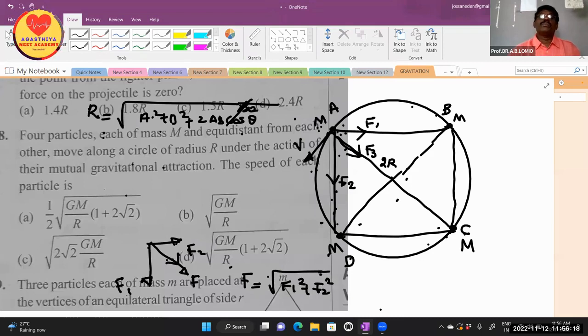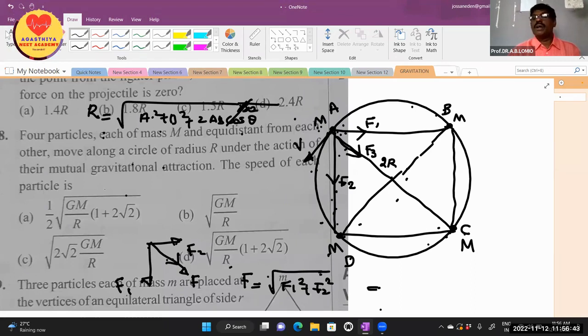Now the distance between A and B and A and D is equal. Understand? In the problem, the masses are placed at equal distance from each other. Therefore, the force will also be the same. The two forces will be the same, F1 and F2, because A to B and A to D are the same distance.